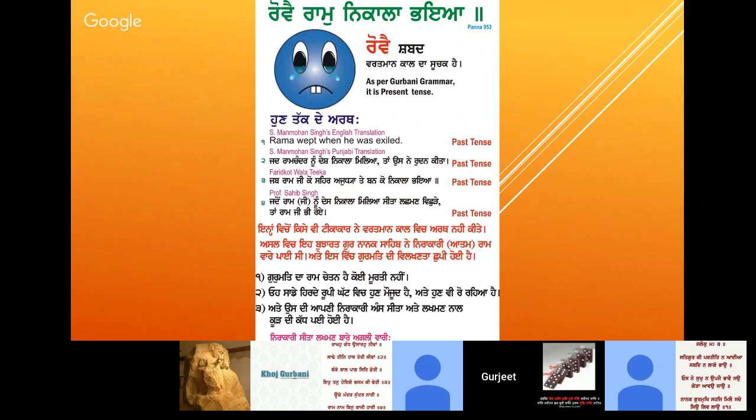So I have to specially indicate that the Rove Shabad is an indicator of a present continuous tense. But whosoever has picked up the translation, they have all done it in past tense. You can read it from the Ishar Macromedia, all these translations are there. Manmohan Singh said Rama wept when he was exiled. So he's talking past tense.